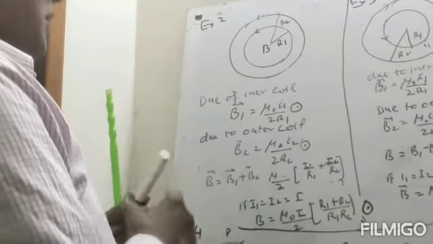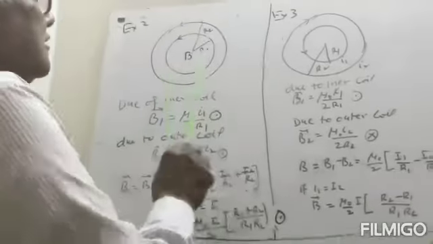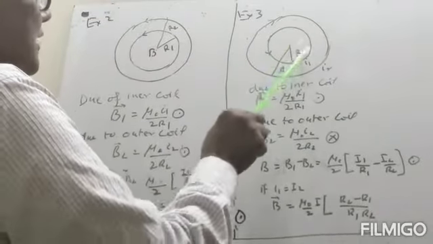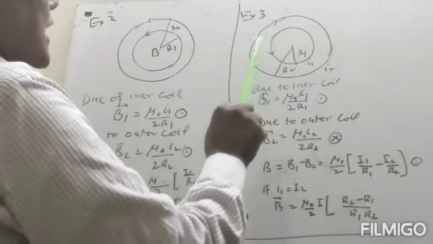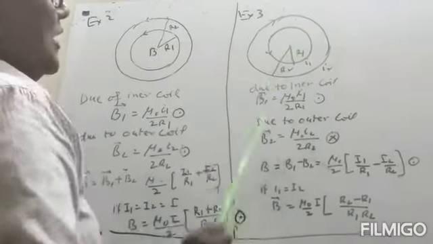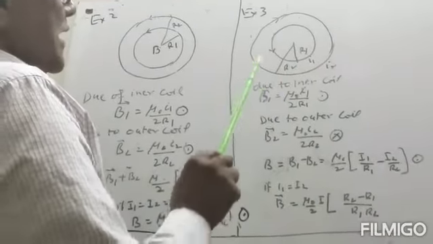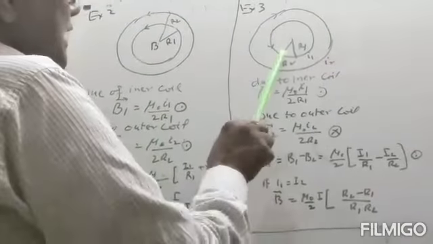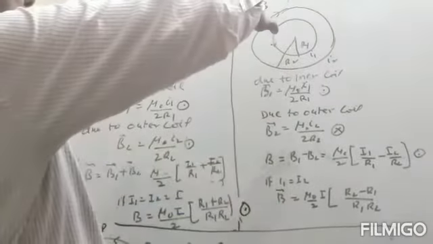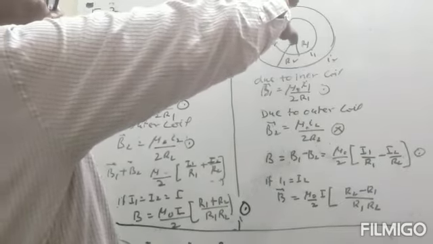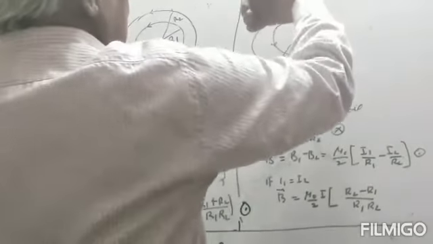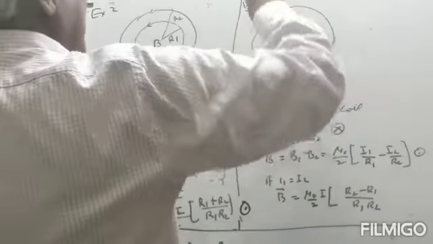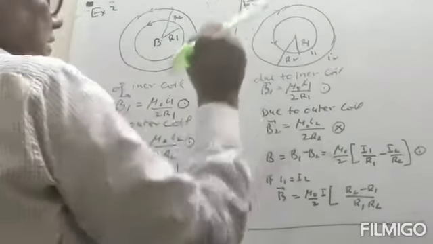Now we take a similar case here. The only difference is that the current in the inner coil is anti-clockwise and in the outer coil it is clockwise. So the direction of the magnetic field by the right hand thumb rule for the inner coil will be upward, and for the outer coil it is inward.